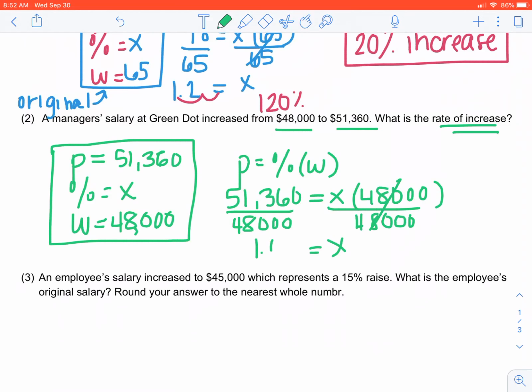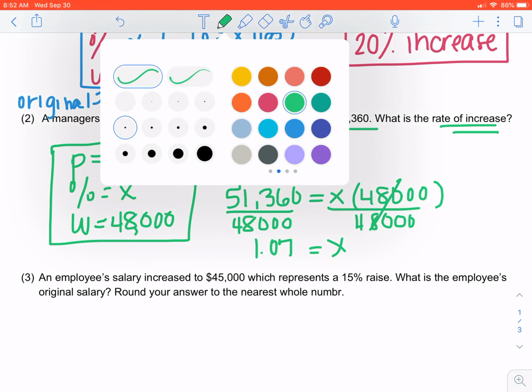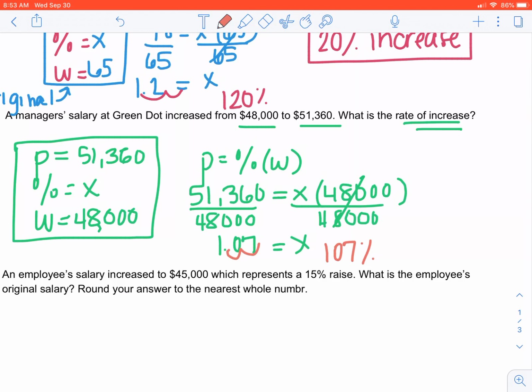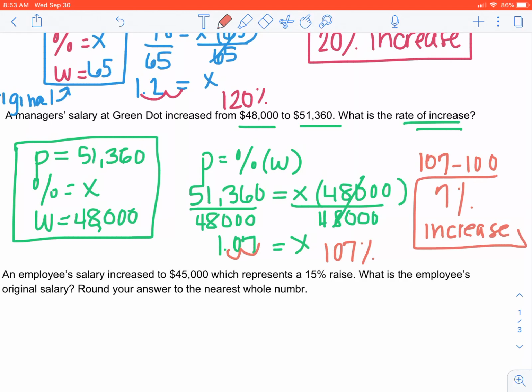When I do that, I get 1.07. Again, I'm not done yet, so I'm going to move that over twice to give me 107%. Still not done, okay? If we start at 100% and now we're at 107, I'm just going to subtract to find that that is a 7% increase because it's above 100.